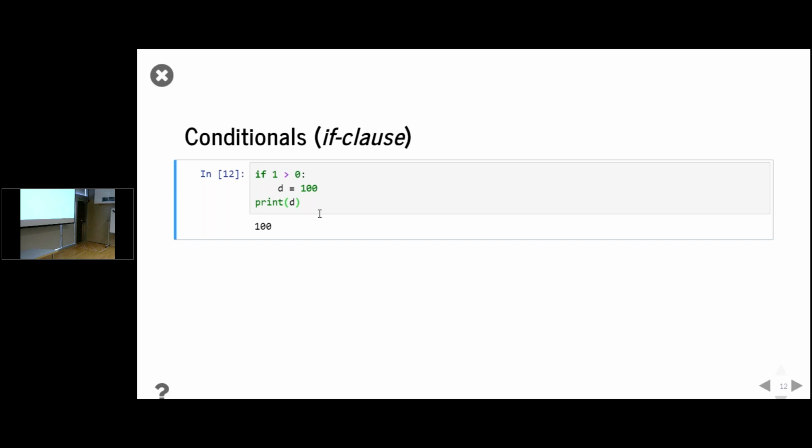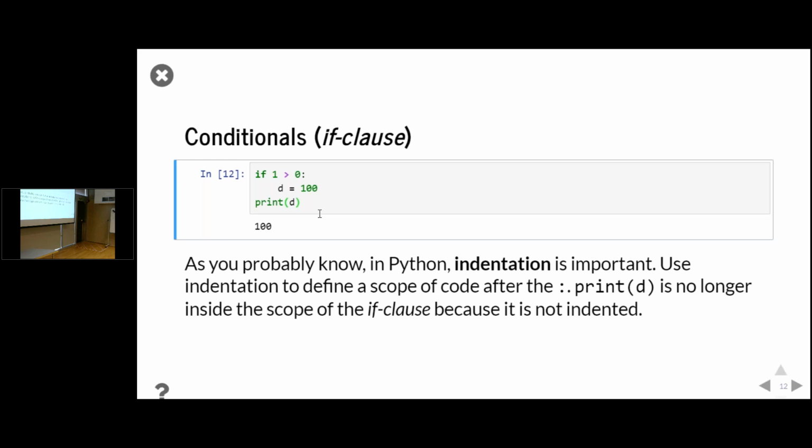This is also important to give you some other important information, which is indentation. In Python, indentation is important. Other languages can use brackets and other things to define different parts of the clauses, the if clauses, for example, to define the scope of the if.